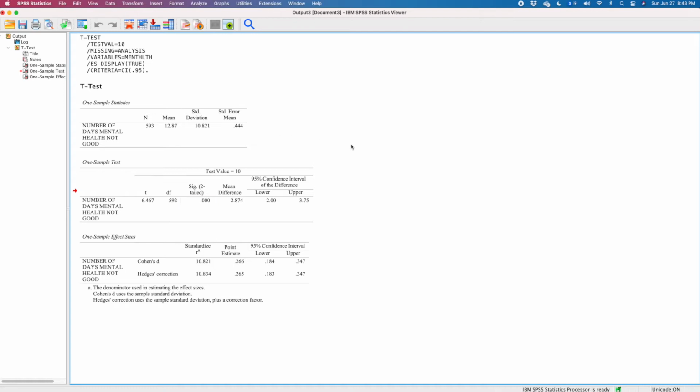Now I want to show you what these tables look like in a slide that I created for this output so that you understand which values are needed. Although we do not interpret all the numbers that come up in the SPSS output, we do want to mention them because you will need them in your write-up.